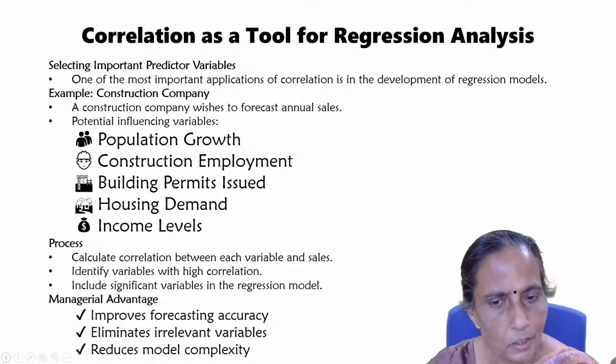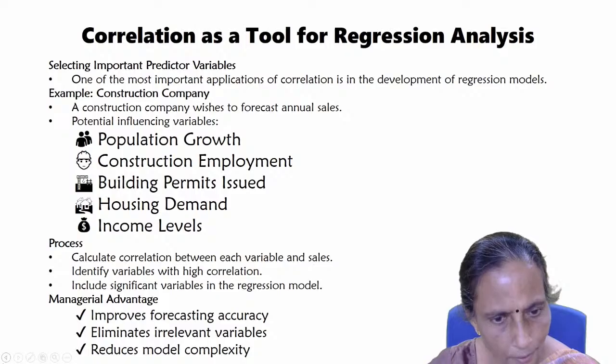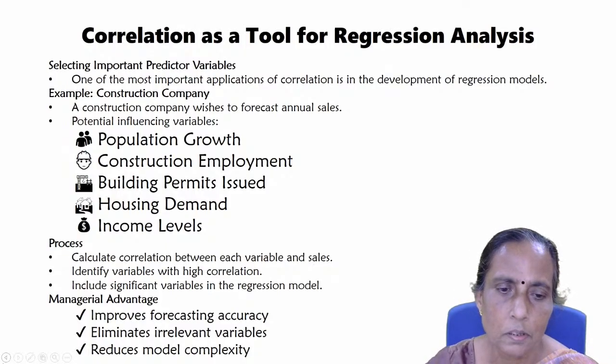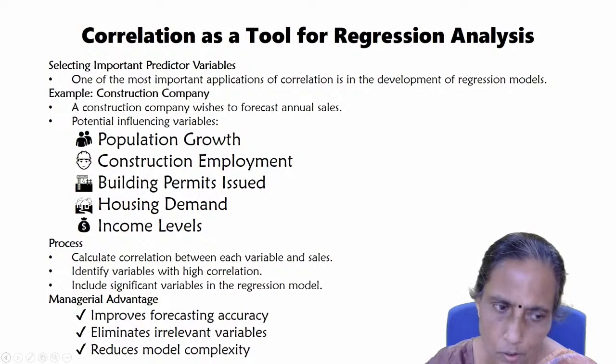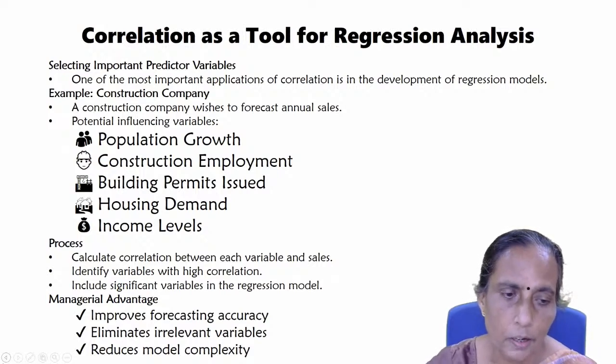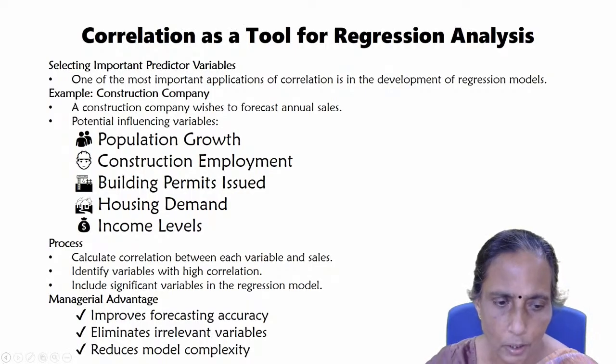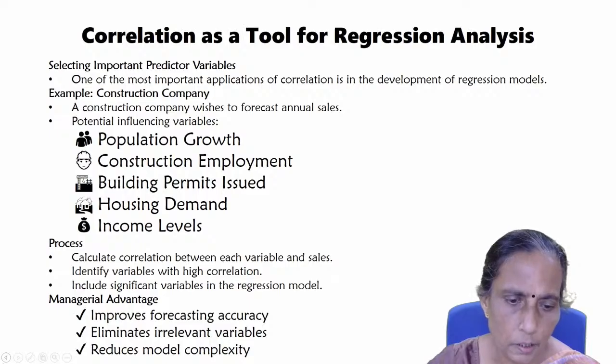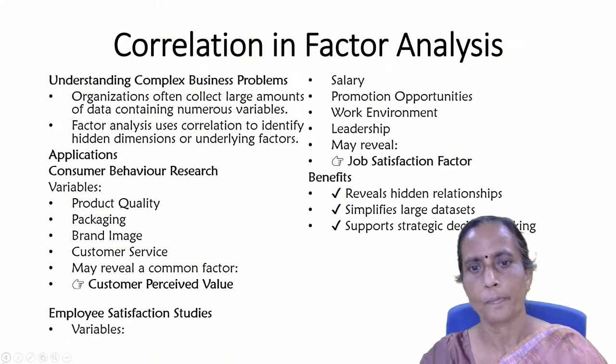Calculate the correlation between each variable and sales. Identify variables with high correlation. Include significant variables in the regression model. So your managerial advantage here is it improves forecasting accuracy, eliminates irrelevant variables, and reduces model complexity.